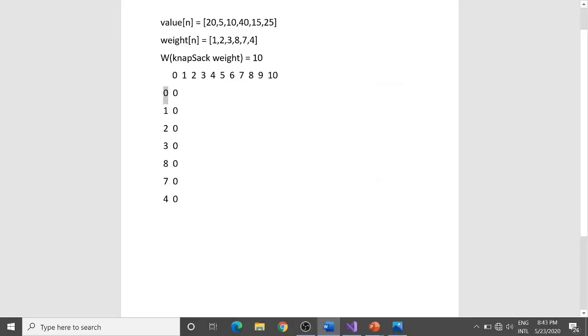Now I don't have even a single element with me. So if I do not have even a single element with me, how much value can I make out of it? I can make a value of 0 again, because I do not have any element with me now. So that's what I would be doing over here. The answer to this subproblem would also be 0.